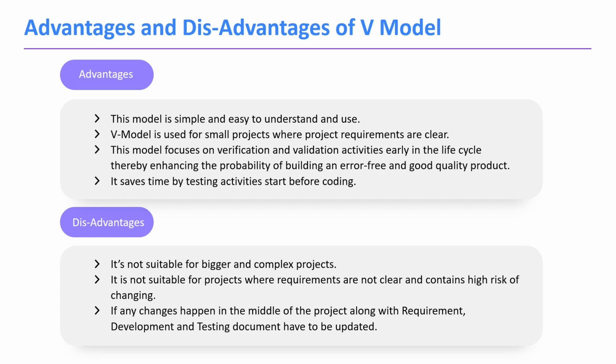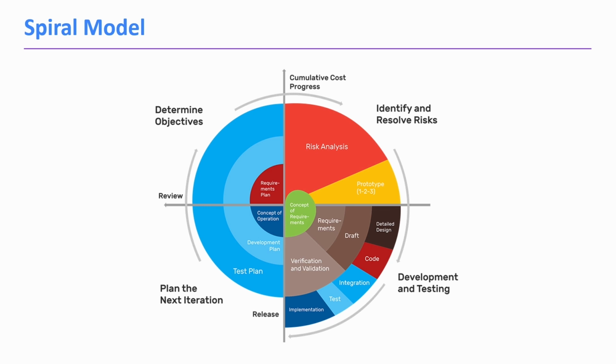As in the previous model, like in the waterfall model, we have seen that if in the middle of the development any new requirement is coming, that new requirement we can't implement in the middle of the development. But in the V model, a very small amount of requirement we can implement throughout the development, but along with the requirement document, all the software related documents we have to update, like development and testing documents as well.